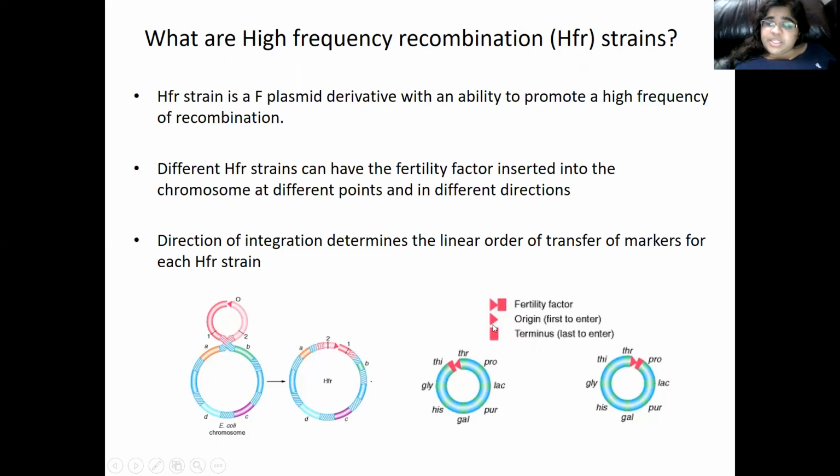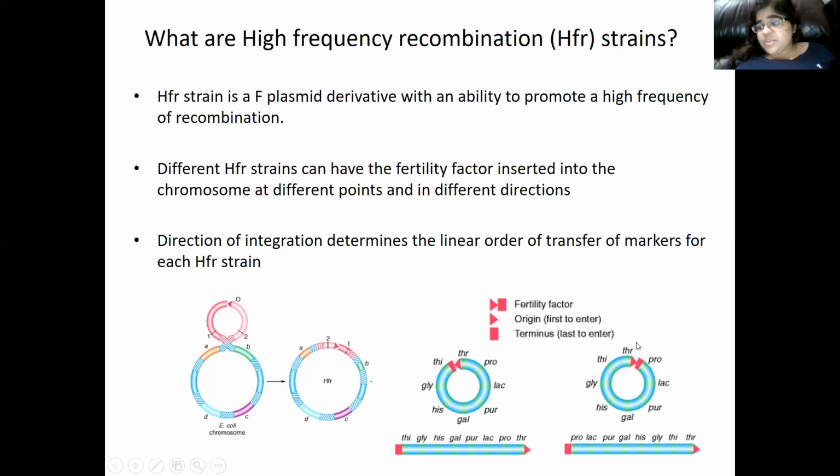So for example here, this is the fertility factor that we have. The origin would be the arrowhead, and this red rectangle would be our last thing to enter. So when we have this guy, we would go on by saying threonine, proline, lactose, and so on and so forth. It kind of goes in that direction.